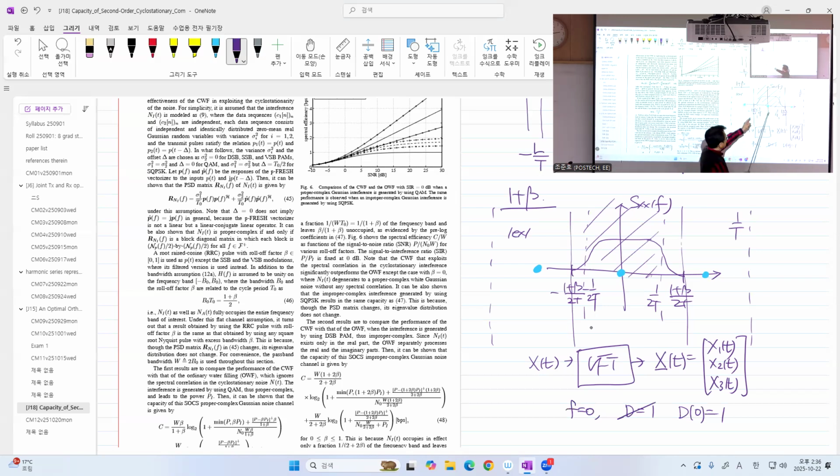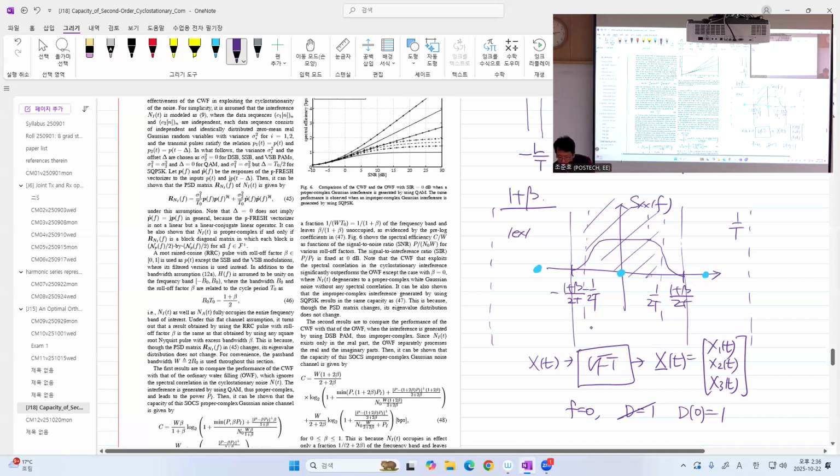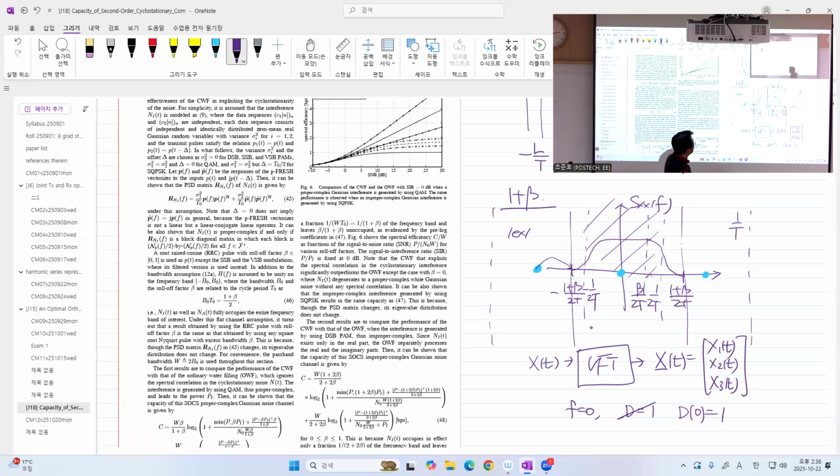So if you move this point by beta over 2T, I believe, then suddenly this point moves up to here. Am I right? Yeah, I believe so. And then you actually have 2 dimensions available.